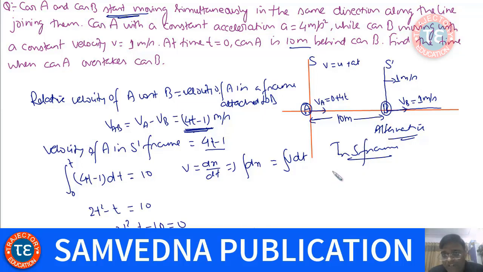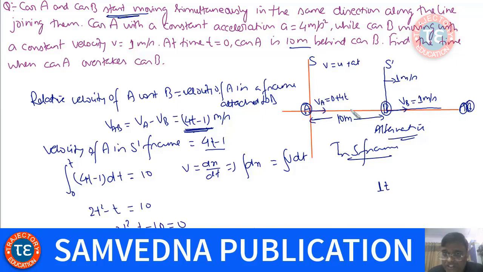In the S frame, suppose after t time A overtakes B. A and B meet each other after t time. So during that t time, what is the distance traveled by B?